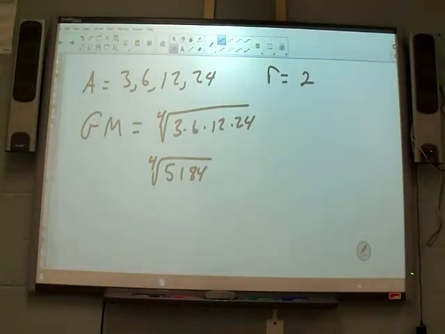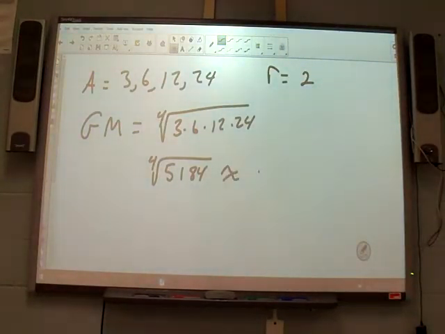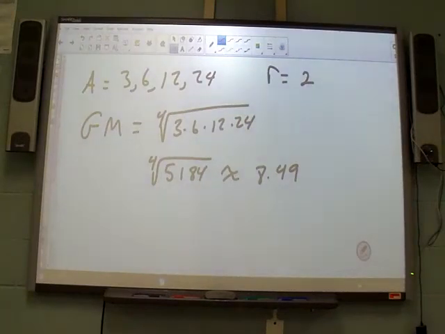On the TI calculator in my classroom, I'm going to hit 4, math, go down and pick the root with the variable in it, and then fill in 5,184. I got that this is approximately 8.49. Okay, 8.49 is what I'm going to round to. That's going to be the end of that lesson for today.